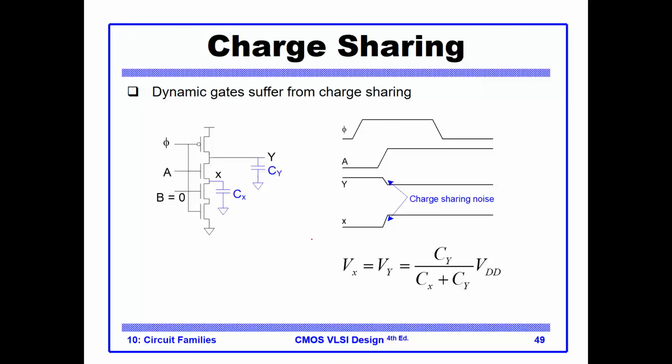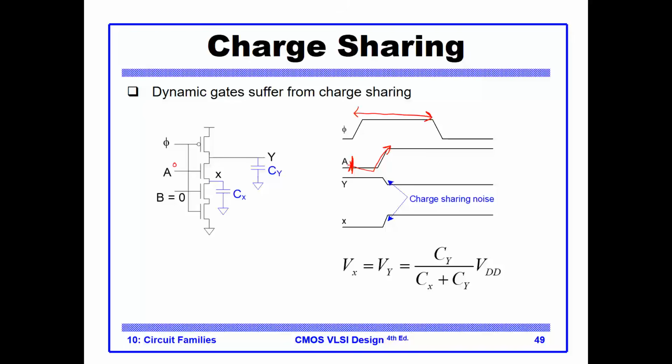Basically, the charge sharing problem says that suppose at the start of the evaluate, this is my clock here, and I am doing an evaluation, right? At the start of the evaluate, A was 0, and B is 0. Then A changes its mind in the middle of the evaluate and turns to 1.